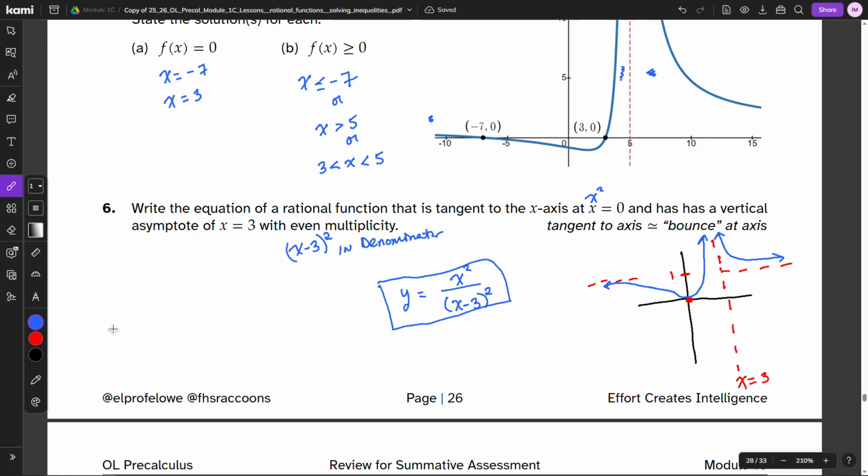All right. Like I said, we could solve this to see when does x squared over x minus 3 quantity squared equal 1?